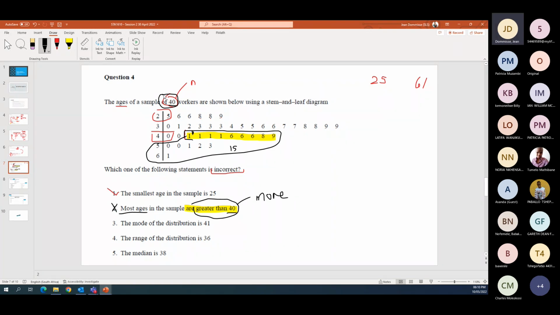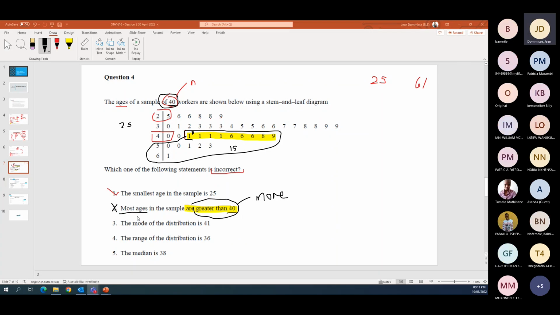So if 15 are more than 40, we know 40 and below is 25. So the majority of workers are actually 40 or younger. That is why we can say that option is incorrect, because not most are older than 40.